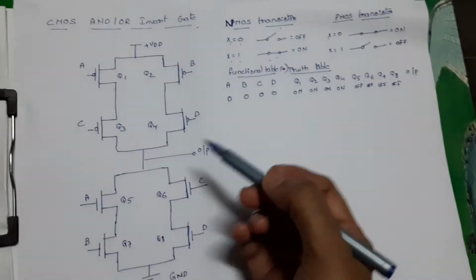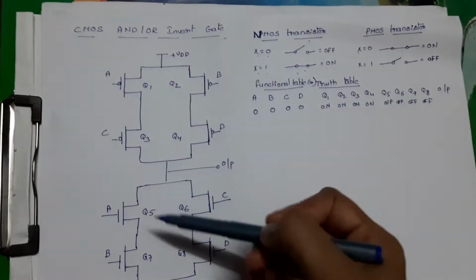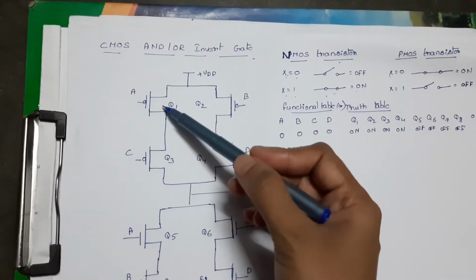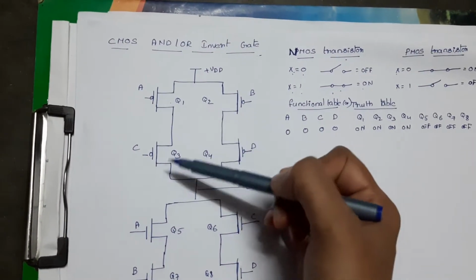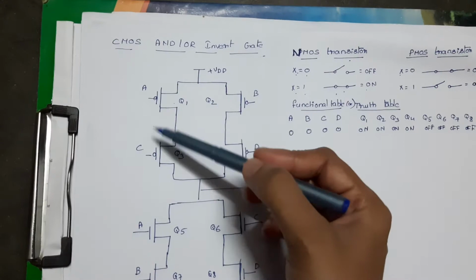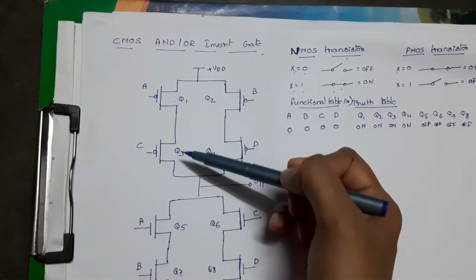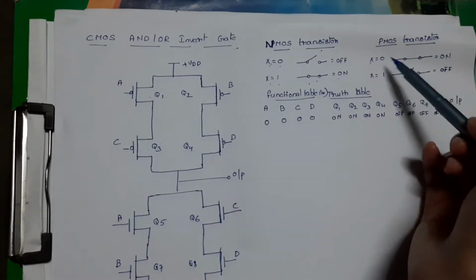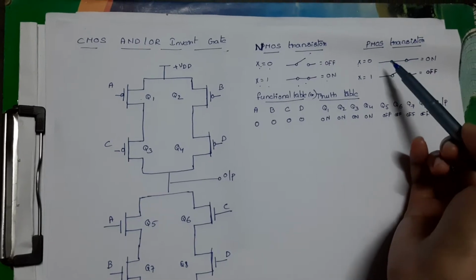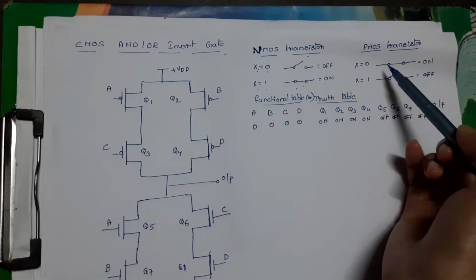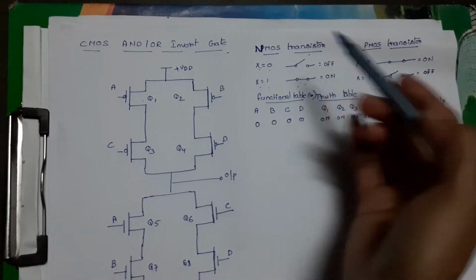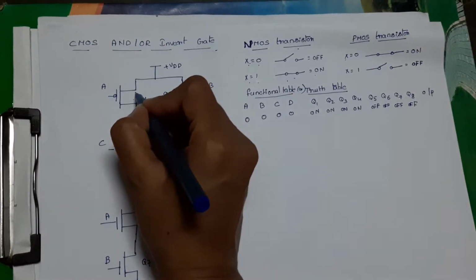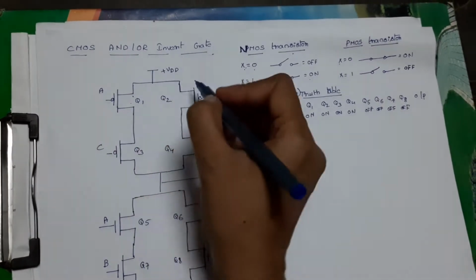See here, Q1, Q2, Q3, Q4. These PMOS transistors are all in the on state, that means in closed circuit.